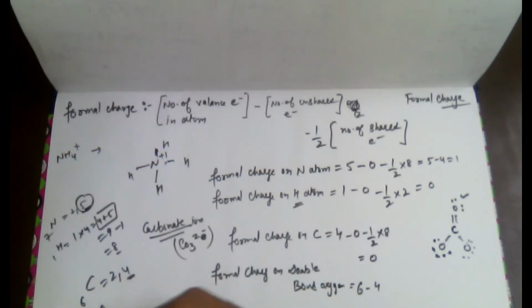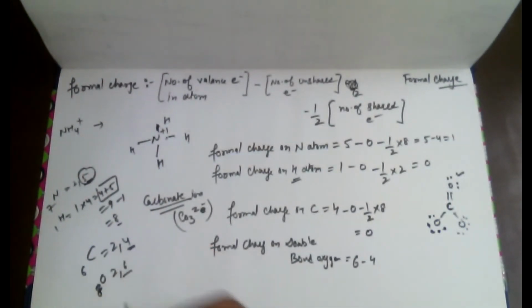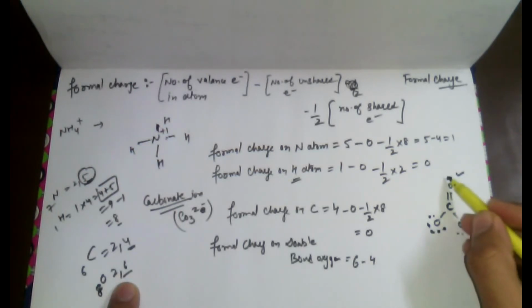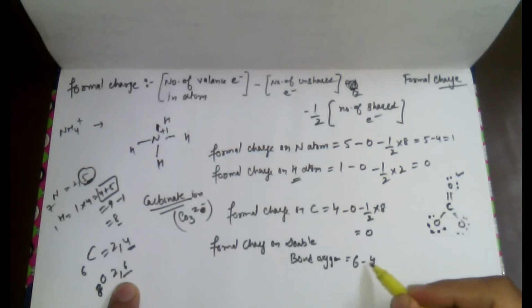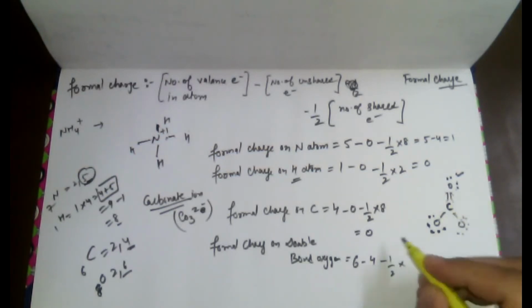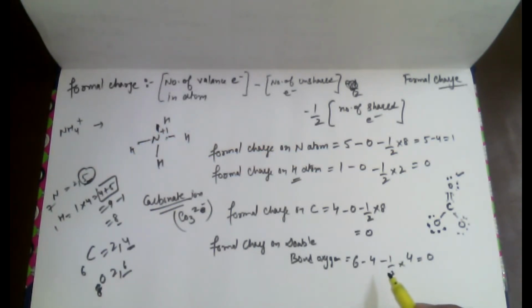Oxygen is having the atomic number 8, so when we write the configuration, we get 2, 6. 6 is the valence electron count. The number of unshared electrons: oxygen is having 4 in the double bond case, 1, 2, 3, 4. So the number of unshared electrons is 4, minus half of the shared electrons, 1, 2, 3, 4, so half of 4. The overall charge would be 0. So we can say the formal charge on the double bond oxygen is 0. This is how to calculate the formal charge.